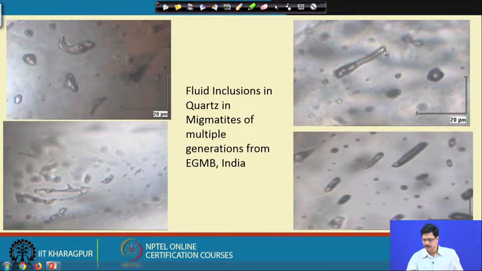This inclusion measures more than 20 microns in its maximum dimension. This is also an area where these inclusions are all part of a random three-dimensional network. They are not aligned on any healed crack, but you could see the characteristic shape of these inclusions, and in all these the host is quartz.